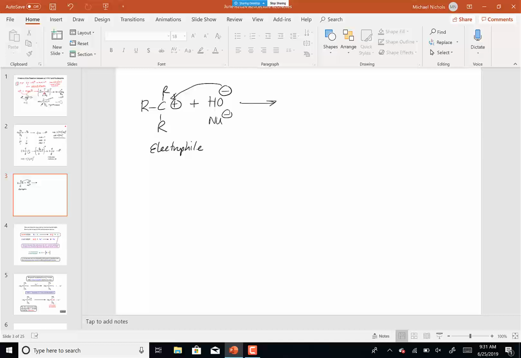The hydroxide's lone pairs that are giving it its negative charge are going to donate a lone pair to the C+, and they're going to go ahead and share that and form the chemical bond.